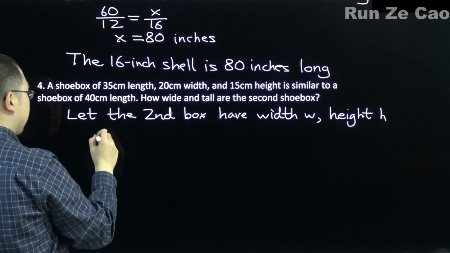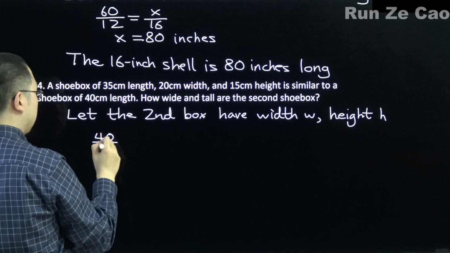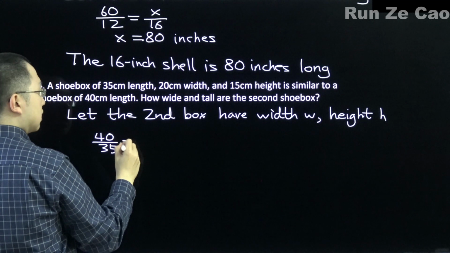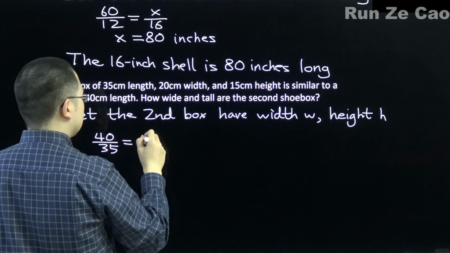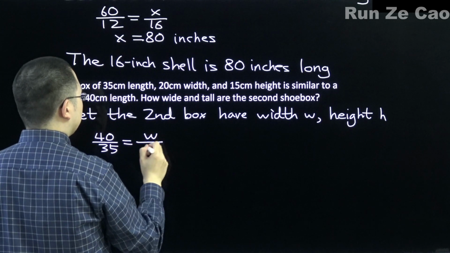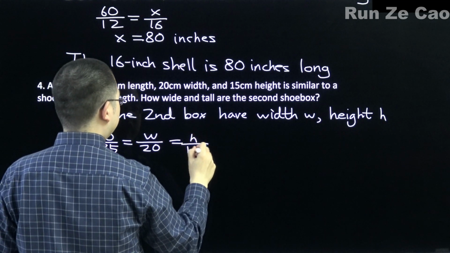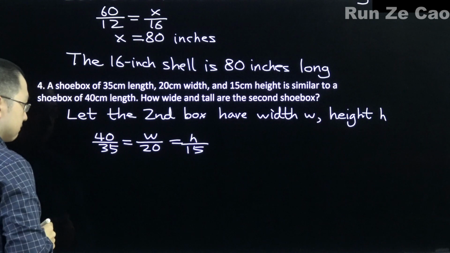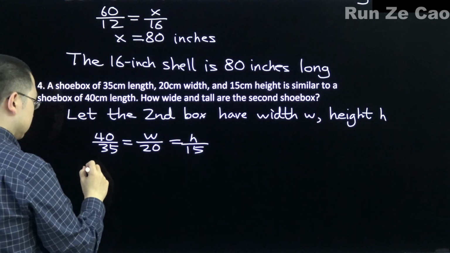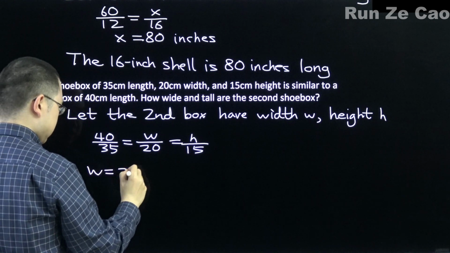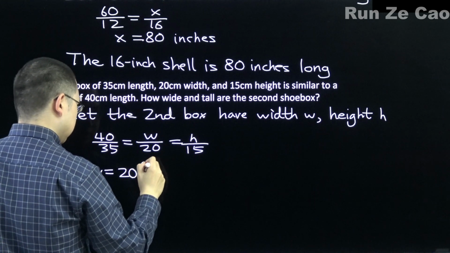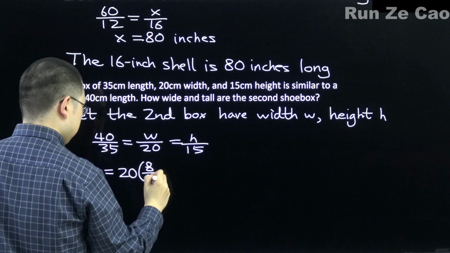Okay, that means 40 over 35 is equal to W over 20 is equal to H over 15. So W is equal to 20 times 8 over 7.